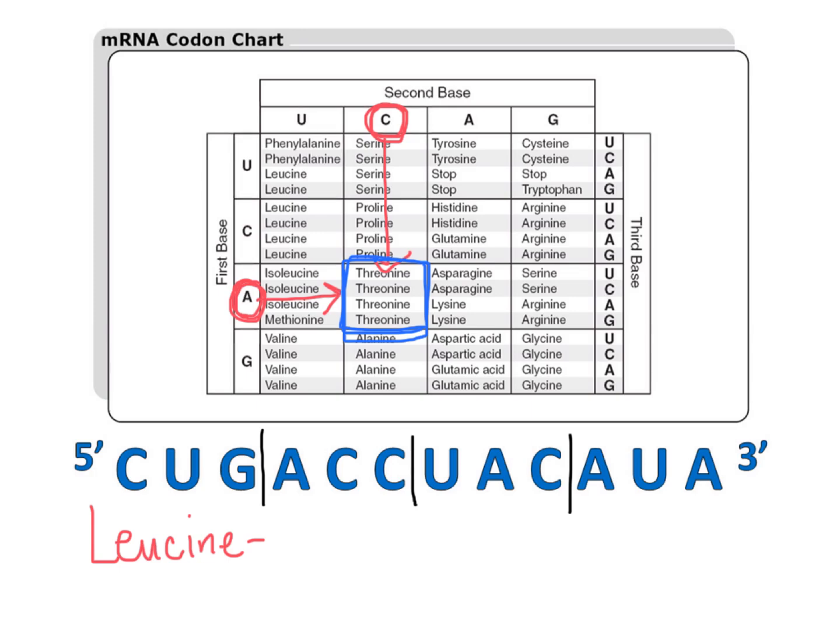And even though I can already see that this box only contains the amino acid threonine, we'll still practice that third base using it. So C is the third base, so that would make it the second threonine in the box that I'm looking for.